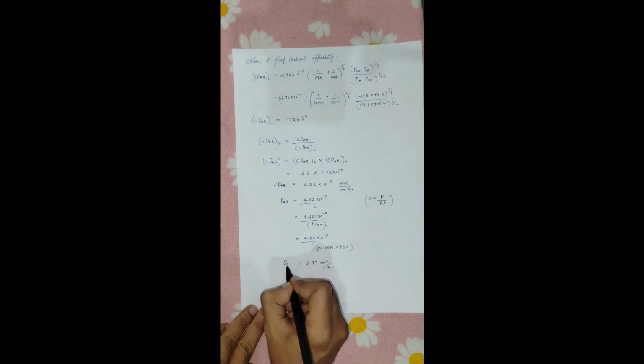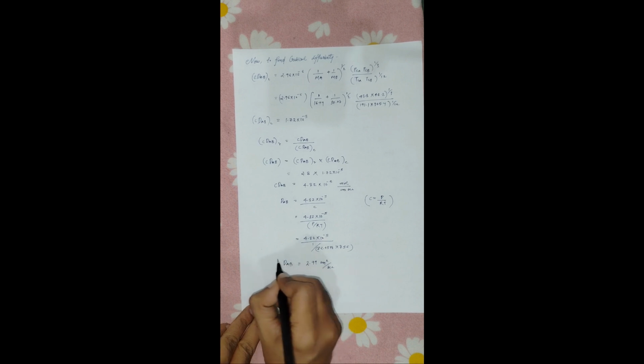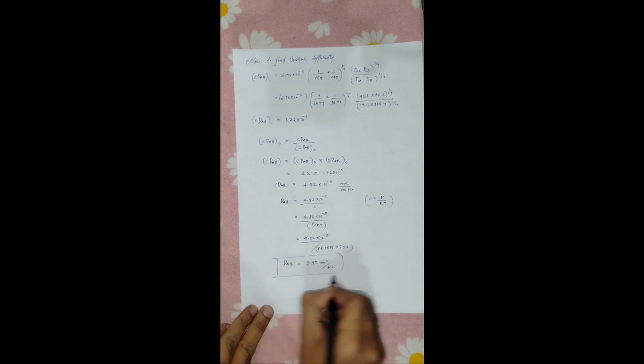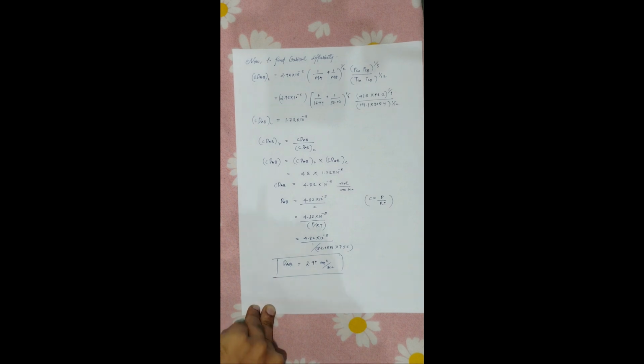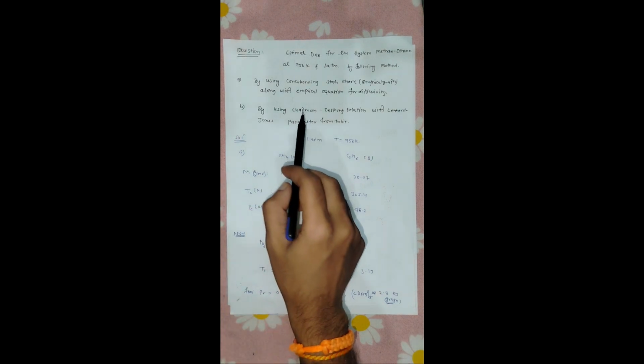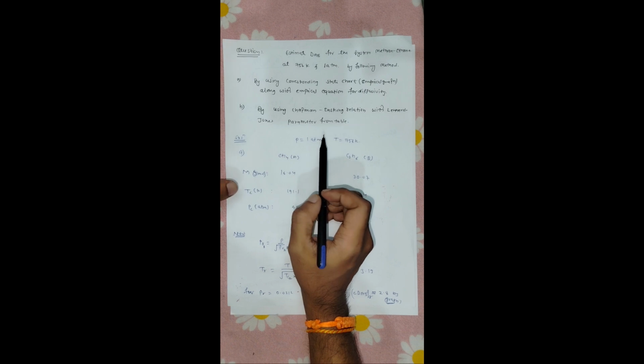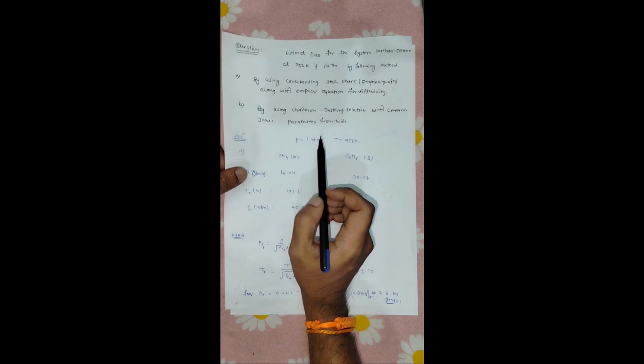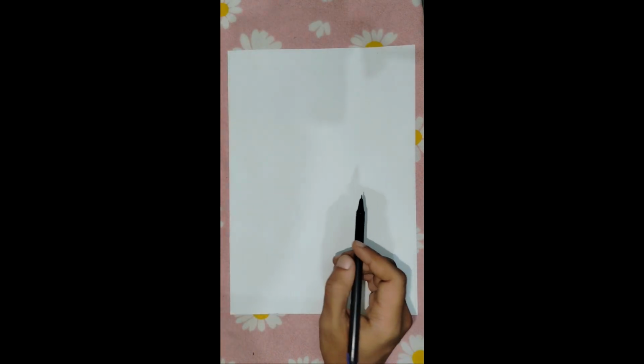So this is the diffusivity for our first question, that is A. We have successfully calculated it, and now we'll move to part B. Our part B is using the Chapman-Enskog relation. So now we'll estimate diffusivity using this relation. So let's move.